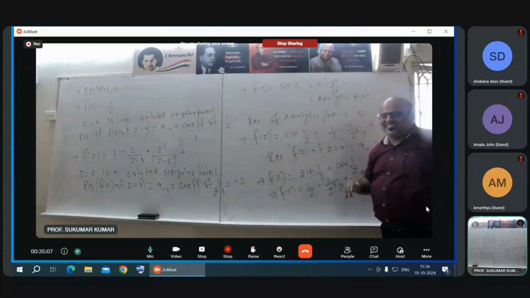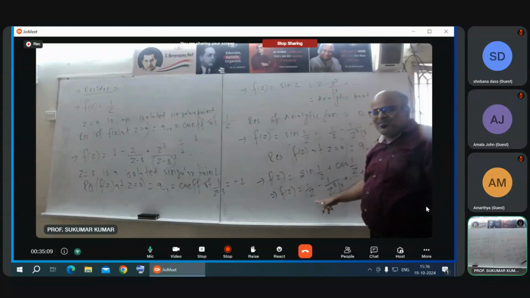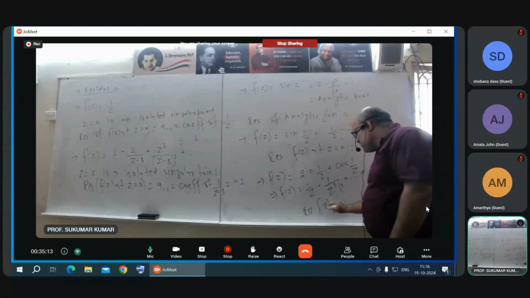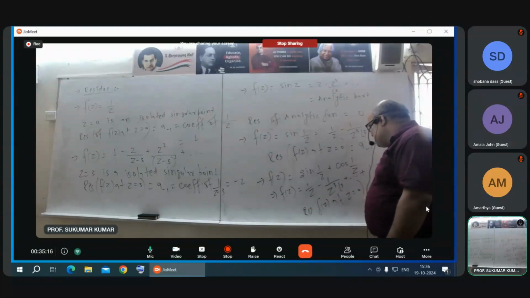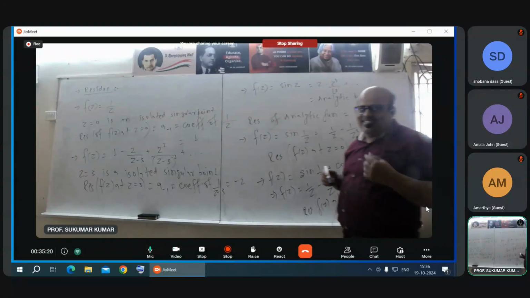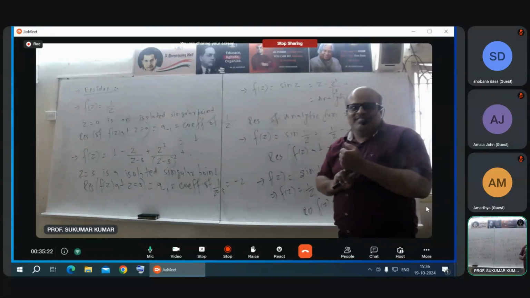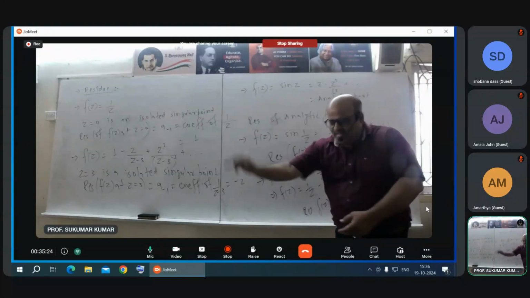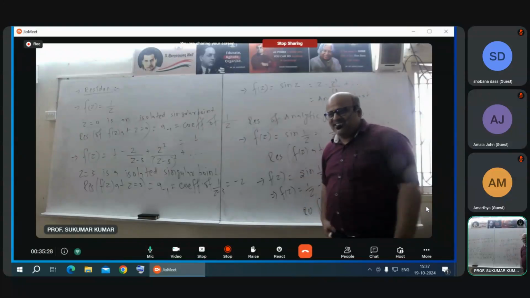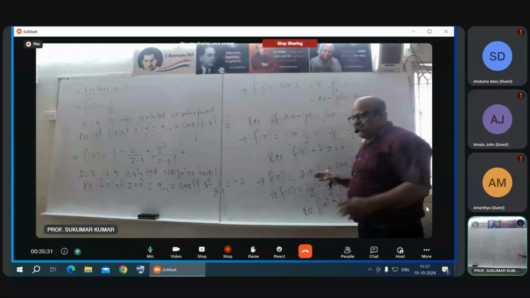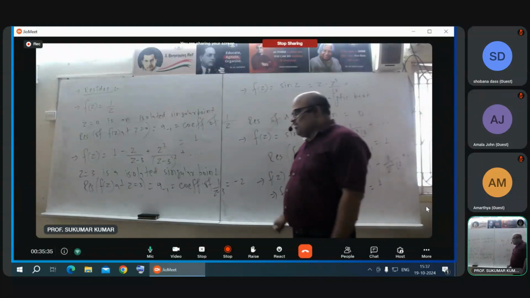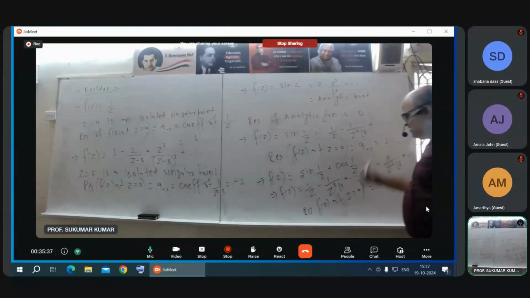So the coefficient of 1 by z is 1, so the residue of f(z) at z equal to 0 is 1. Hurry, don't do an example; this is our mistake. Here 1 by z, here 1 by z squared, and they gave the first option 2. Next question. This only we are doing as an example mistake. No problem. Always cool. Everything will pass, right?